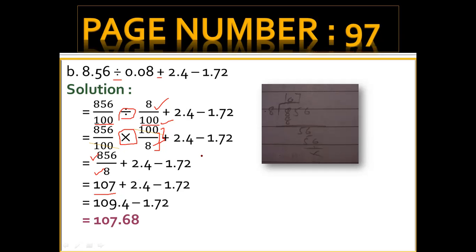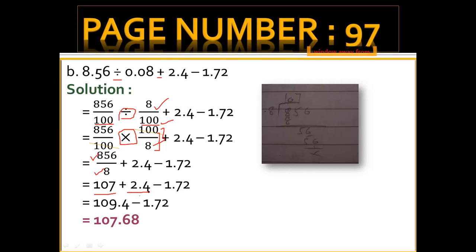I think that now you understand why we put 0 in between 1 and 7, because 5 is not divisible by 8. To complete the number, we put the 0 in the quotient and we take 6 borrowed and make 56. Now 107 plus 2.4 minus 1.7.